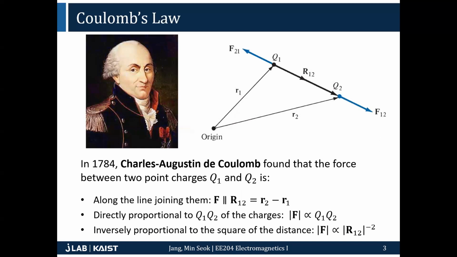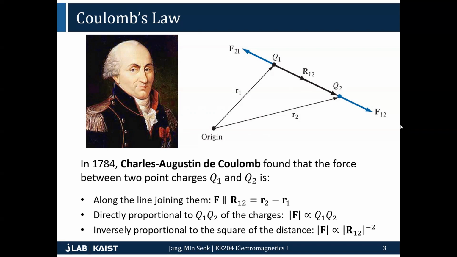Okay, so Coulomb's law. Everyone knows Coulomb's law. In 1784, Coulomb figured out that there is a force exerted between two charges, and that the direction of the force is along the line connecting these two charges.